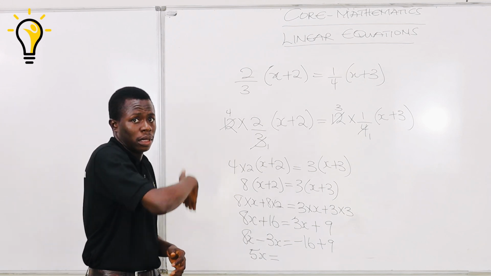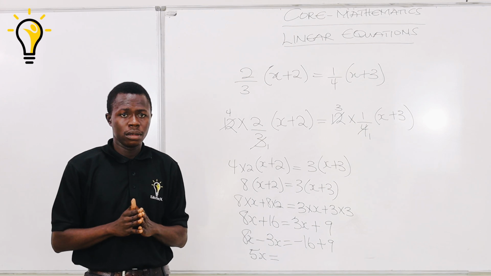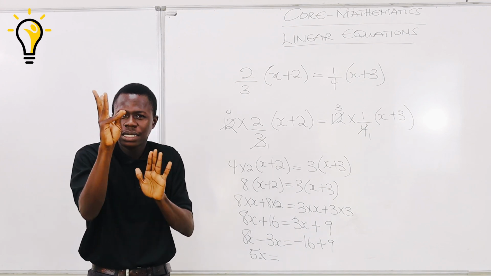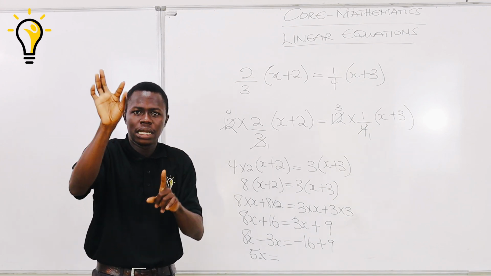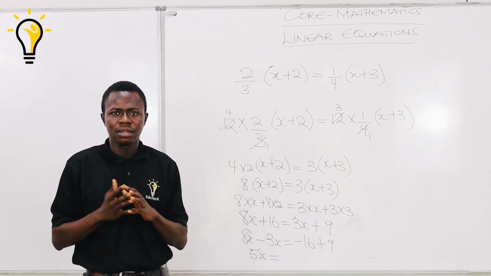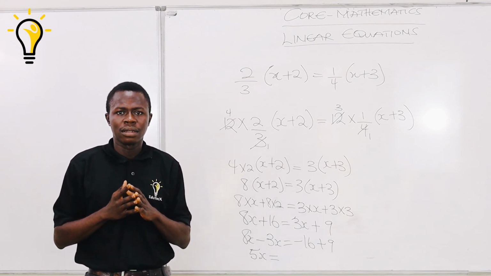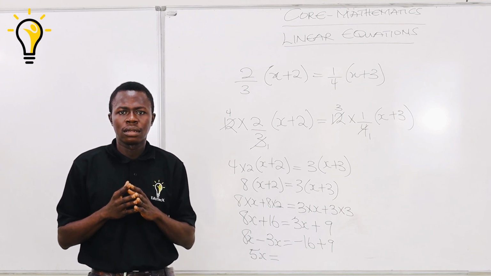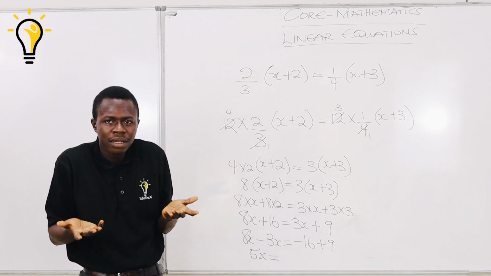Now we are done with the left hand side, so our focus goes to the right hand side. Minus 16 plus 9. We subtract, and what would the answer be?